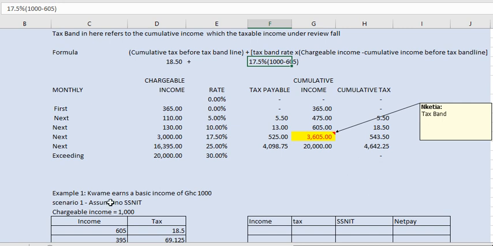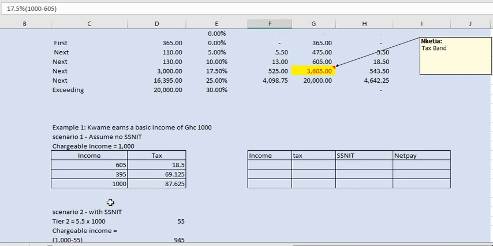Then when we come down here, we use the simple formulas, the plus and minus, to calculate it. With our first 605 cedis, we are going to pay 18.5 cedis. The remaining one, we are going to charge the 17.5% on it. So we calculate the remaining, which is 1,000 minus the 605, and then we charge our 17.5% on it.